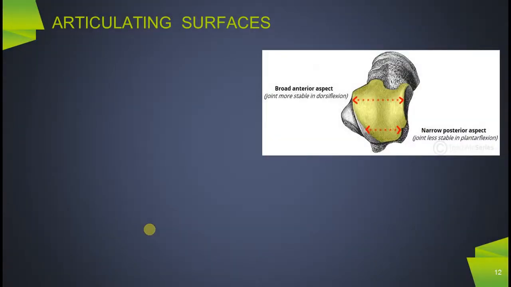Now coming to the inferior articulating surface, it is the trochlear surface of the talus bone. Trochlea means pulley. The upper surface of the talus, called the trochlear surface, is wide anteriorly, but posteriorly it is narrow.